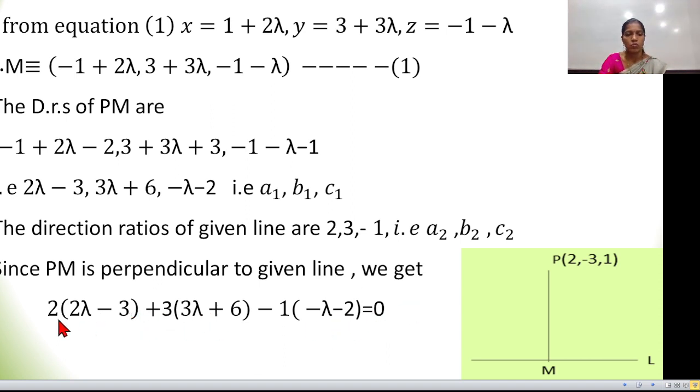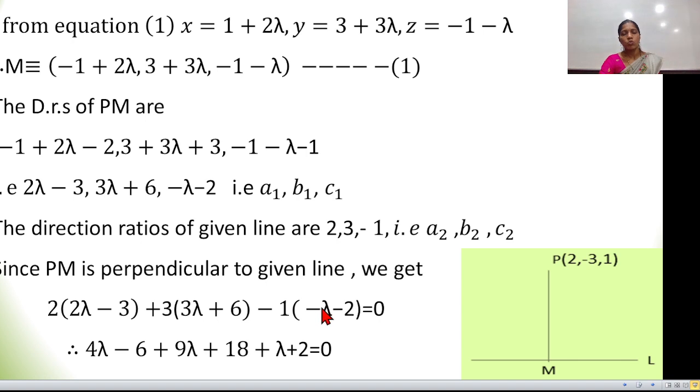So here we put the values: 2 in bracket 2 lambda minus 3, plus 3 in bracket 3 lambda plus 6, minus 1 in bracket minus lambda minus 2, is equal to 0. So after simplifying this term, we get 2 into 2 lambda, 4 lambda, 2 into minus 3, we get minus 6, plus 3 into 3 lambda is 9 lambda, plus 3 into 6 is 18, minus 1 into minus lambda we get plus lambda, minus 1 into minus 2 we get plus 2, is equal to 0.